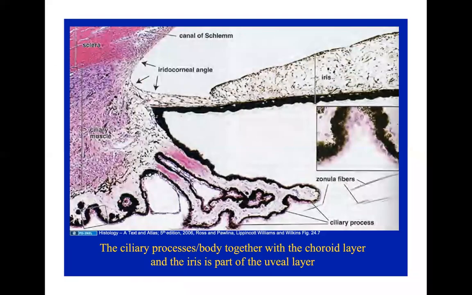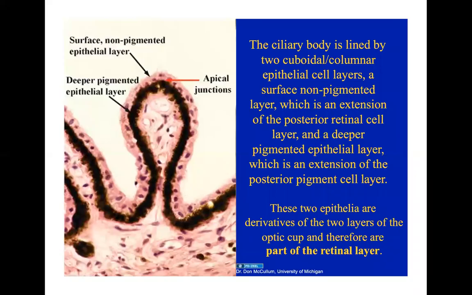Now, the ciliary processes here are usually part of the middle layer. Okay, so these ciliary processes, along with the ciliary body, together with your choroid and the iris, are the ones that contribute to the middle layer of the eye.